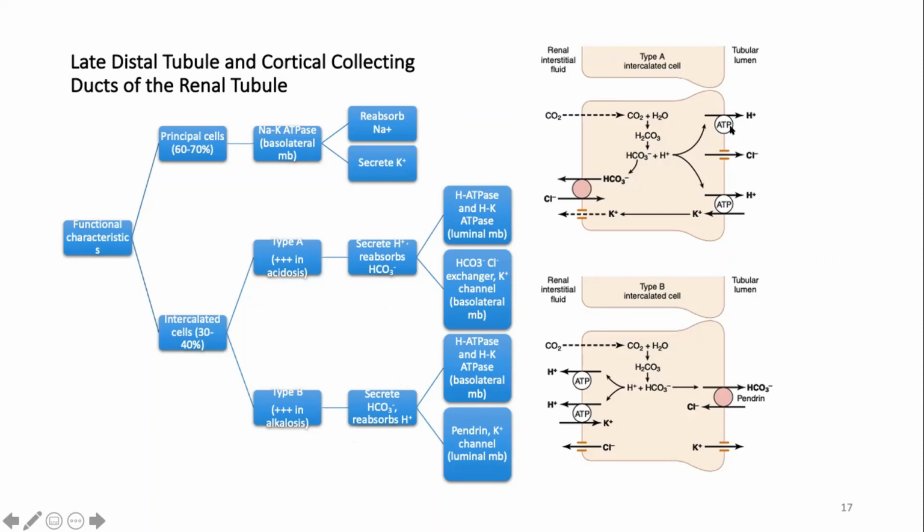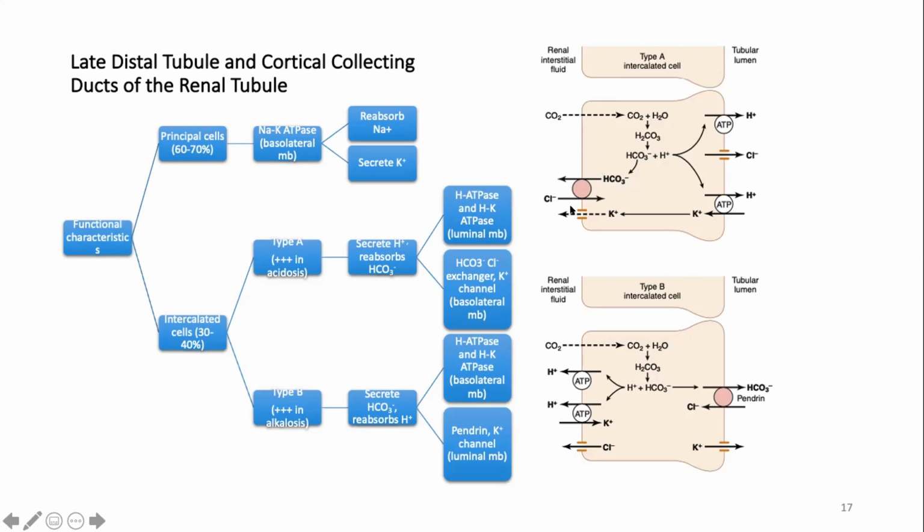If you look at the diagram here, this is type A, this is type B. The important difference is the location of these carriers. For example, in type A, in acidosis, you have the H ATPase and the potassium hydrogen ATPase on the tubular, or apical, membrane, and you have this bicarb chloride exchanger, also known as pendrin, on the basolateral membrane.